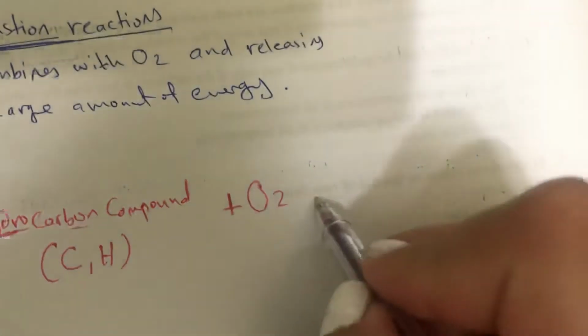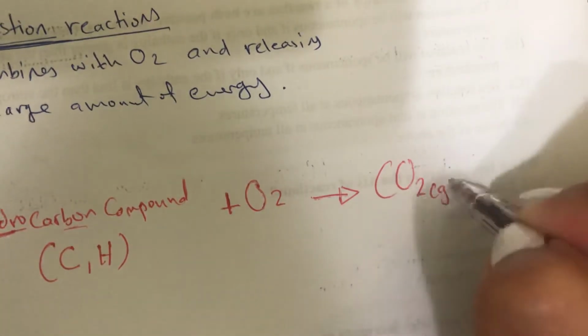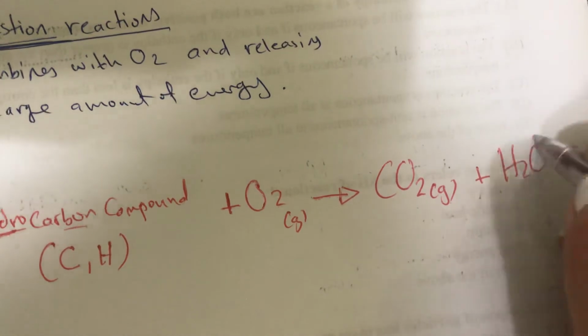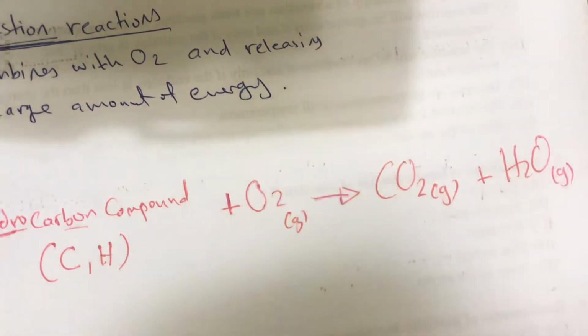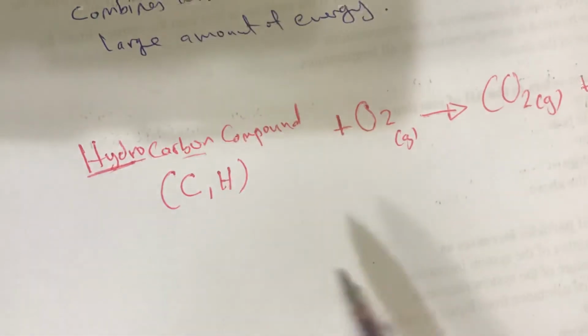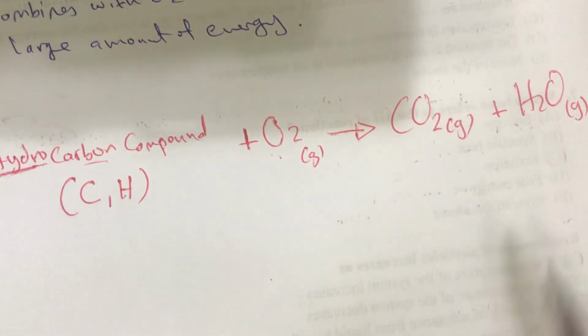The products are fixed: carbon dioxide gas and water. So in combustion reactions, the general formula is hydrocarbon compounds plus oxygen, and the products are CO2 and H2O, fixed.